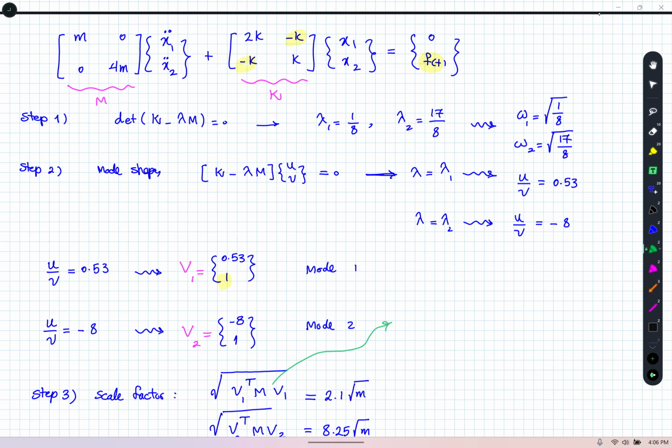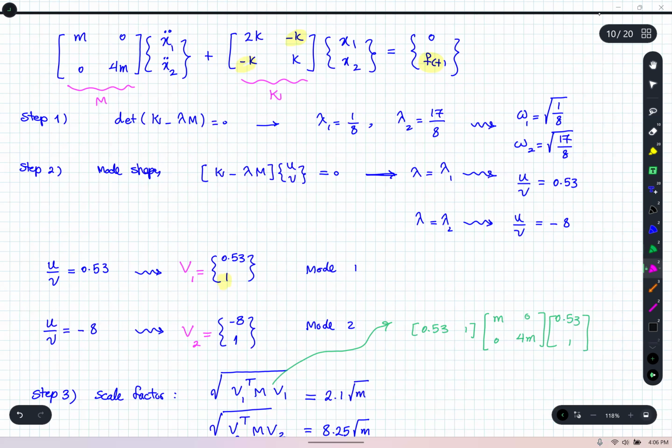So the first vector transpose is 1. Our mass matrix is M0, 4M, and V is, but keep in mind, all of that is in power of that, right?